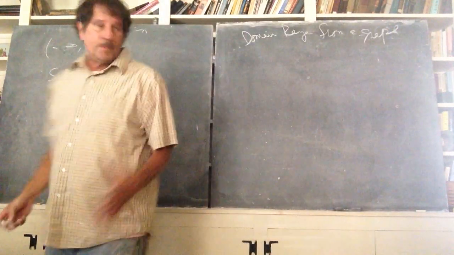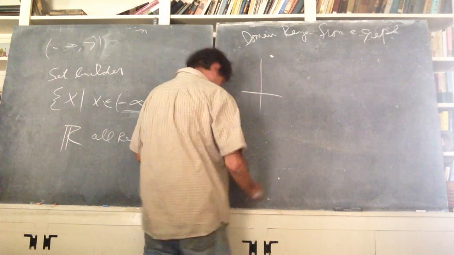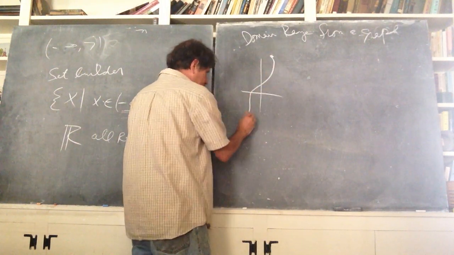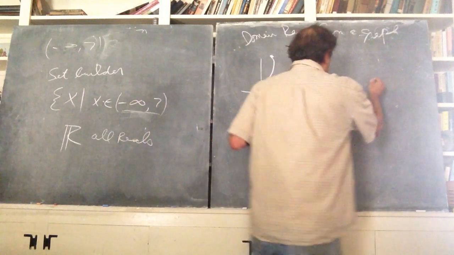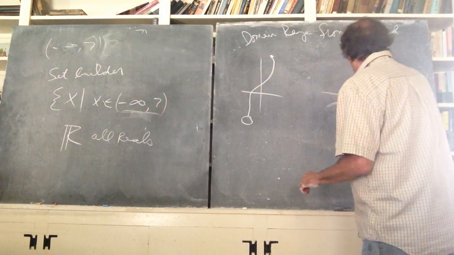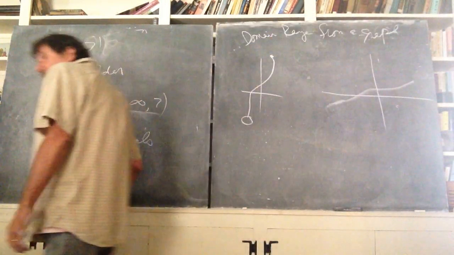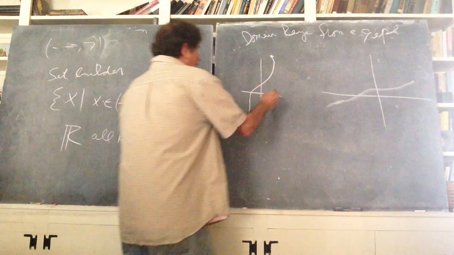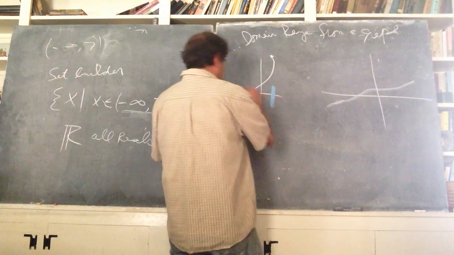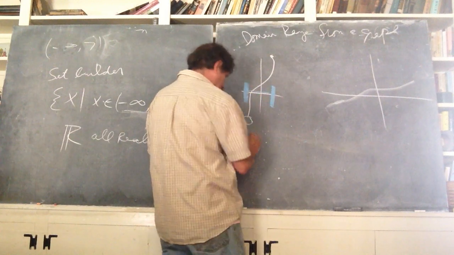Okay. Here we go. Just a couple of them. Here's something like that. Here's one that goes something like that. I'm just drawing pictures of functions. And this is what we talked about in the last video. The domain is along the x-axis.